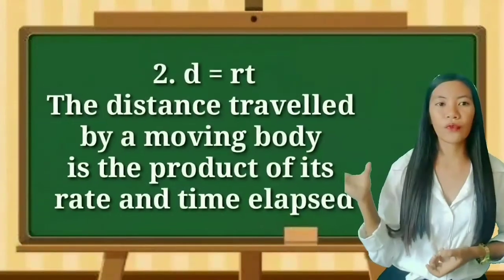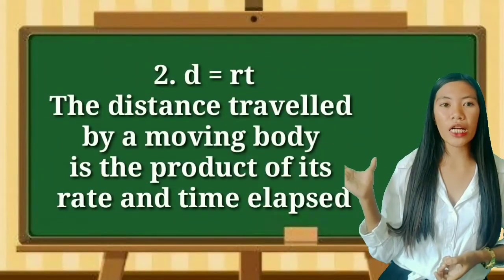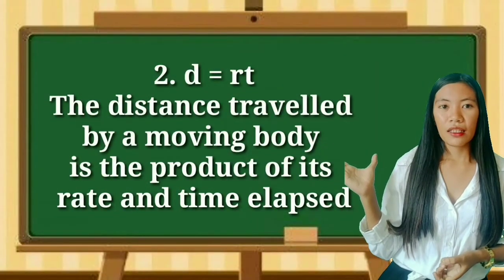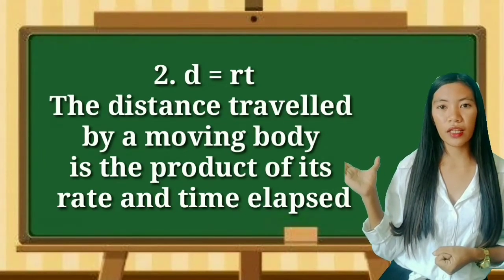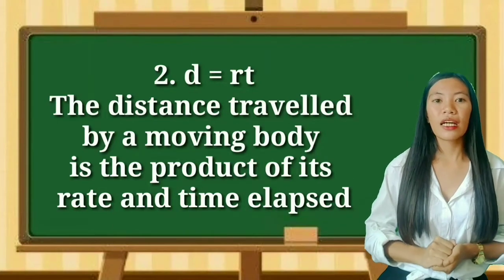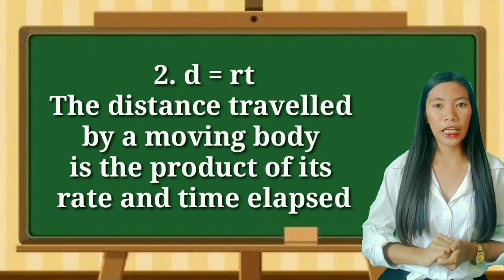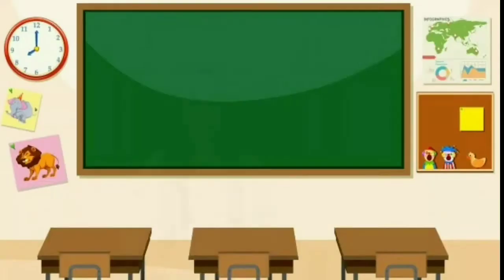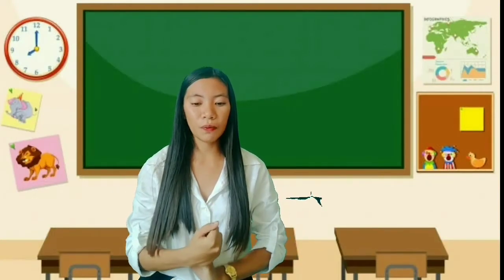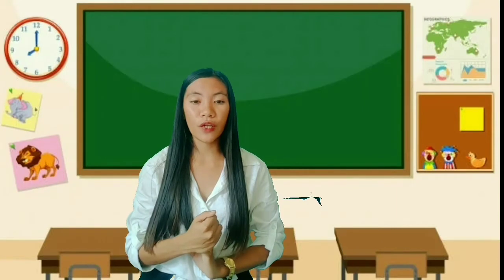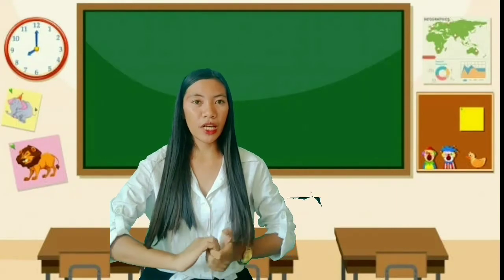Number 2. D equals R times T. This can be translated into: the distance traveled by a moving body is the product of its rate and time elapsed.